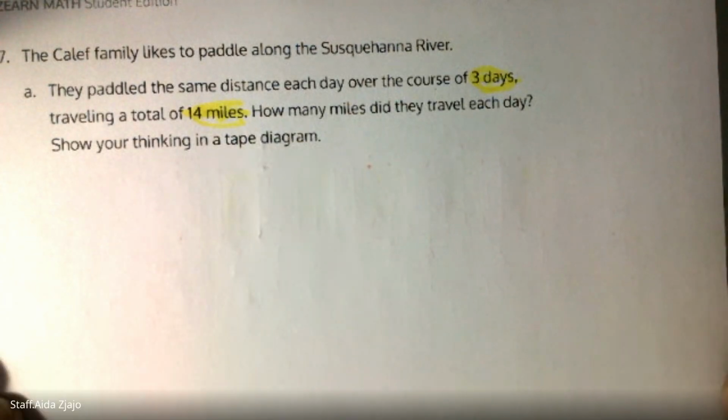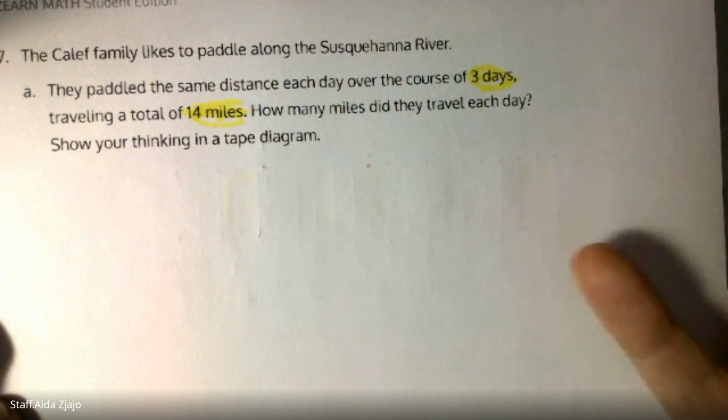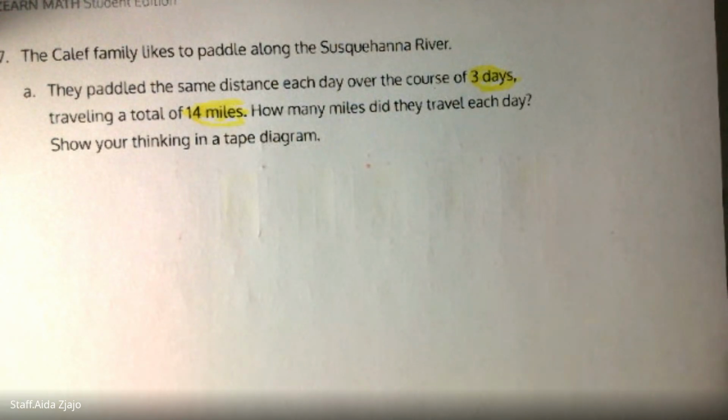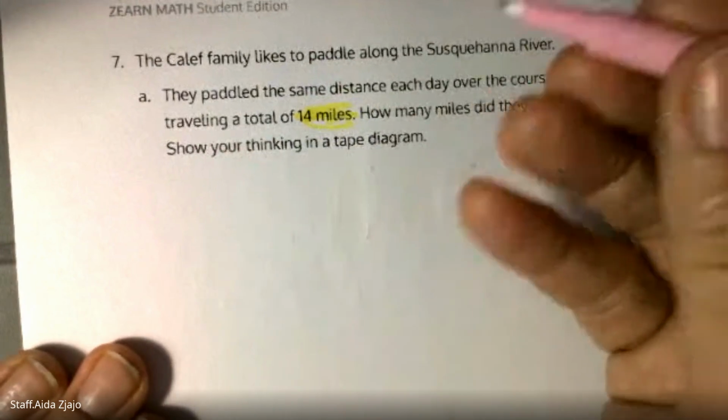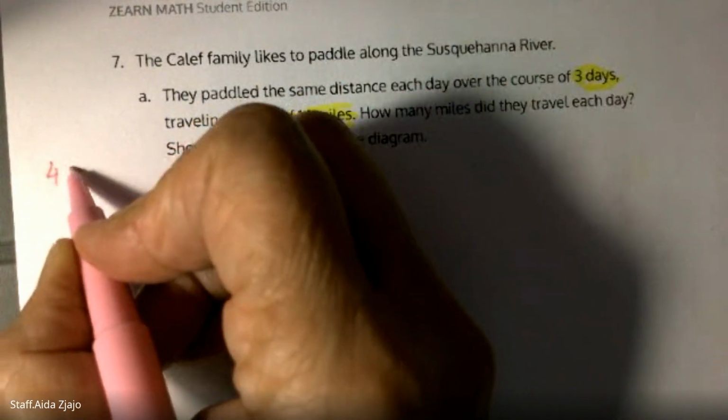So you can think about 3 days divided into 14 miles, or 14 miles divided into 3 days, depending on that. That's why labeling is very important.